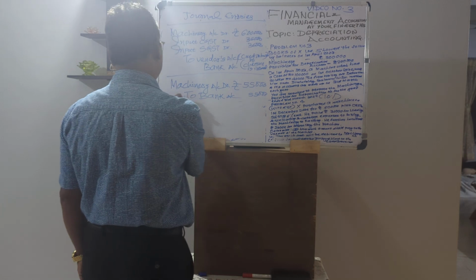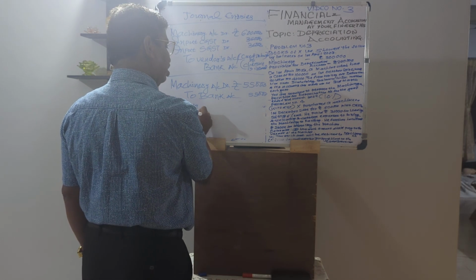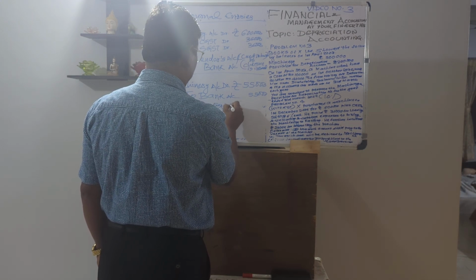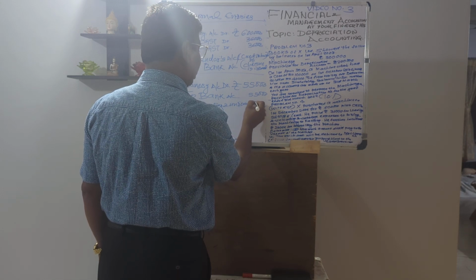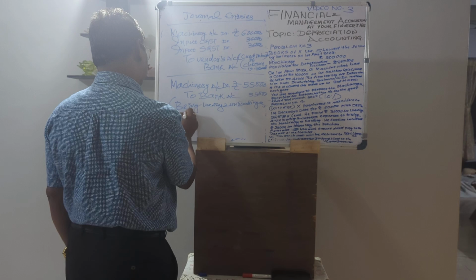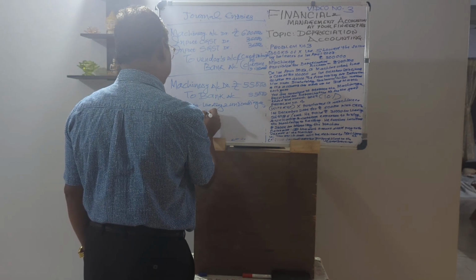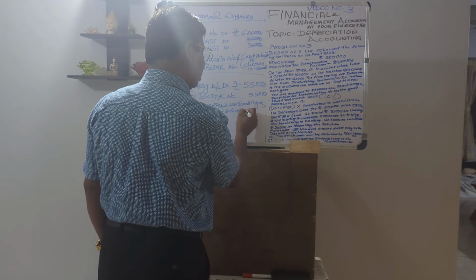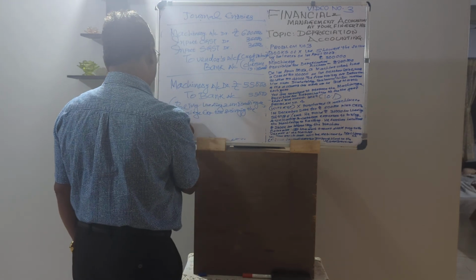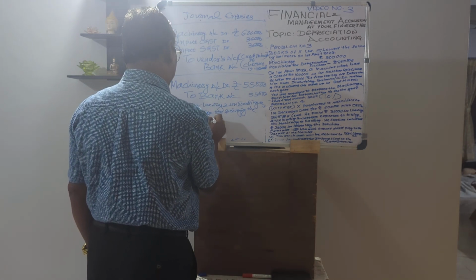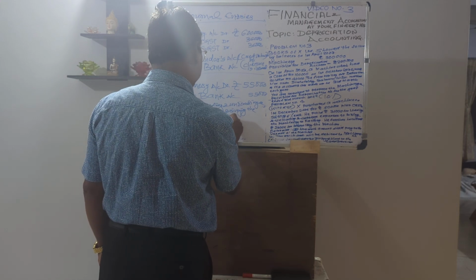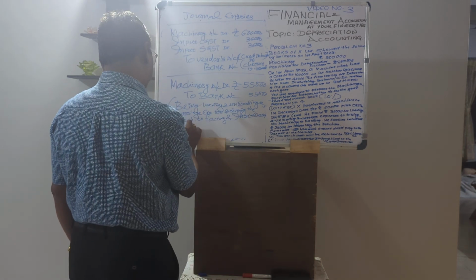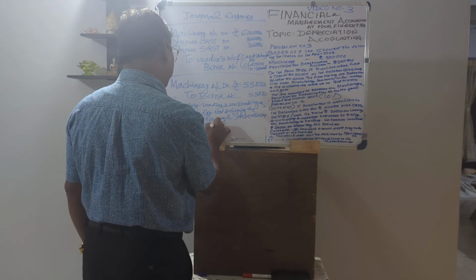The narration will be: being loading and unloading and carriage expenses for bringing the machinery to the factory and installation charges at the factory.